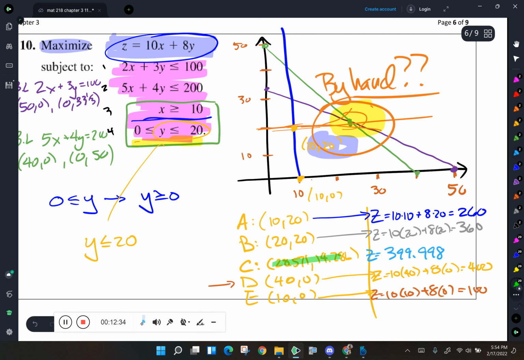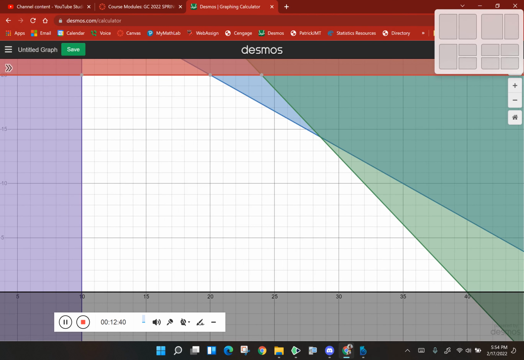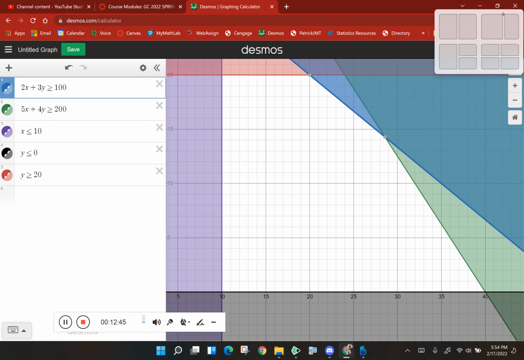Now, here's where I've got to be smarter than the system. I rounded these, didn't I? In fact, I'm going to go back to Desmos and look at that again. This point right here is the intersection of the blue and the green. It's the intersection of these two first equations, the boundary lines for those first inequalities, right?